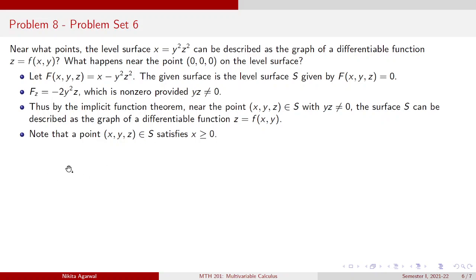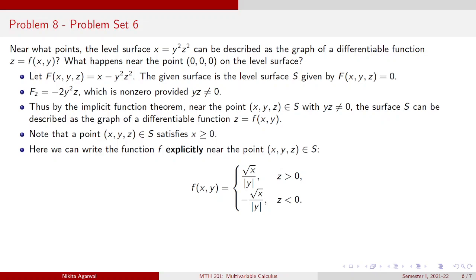Now note that a point (x, y, z) belonging to S satisfies x greater than or equal to 0. Why? Because if you look at this equation, y square z square, which is the right hand side, is always non-negative, right? Therefore, the left hand side should also be non-negative.